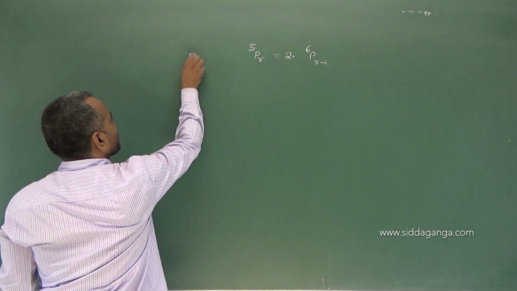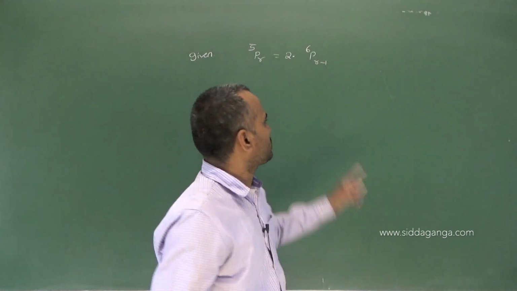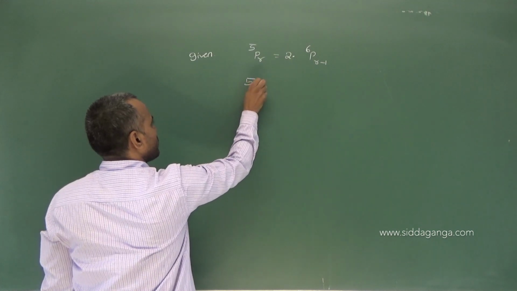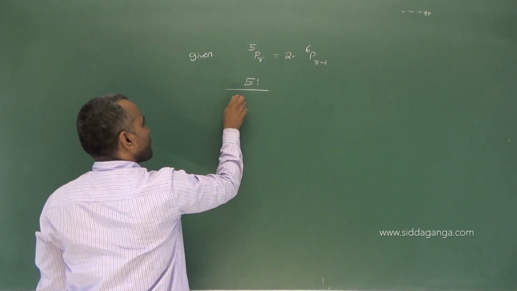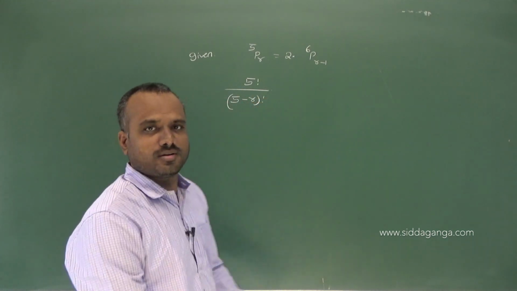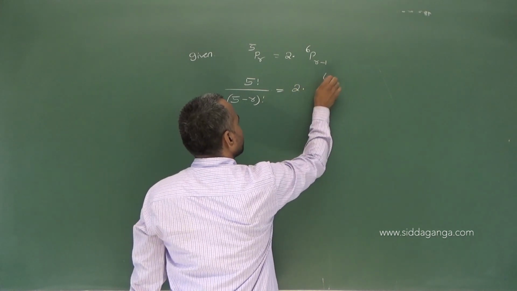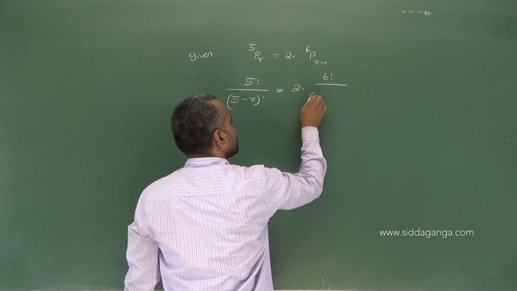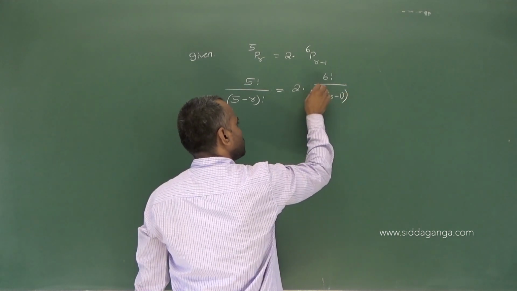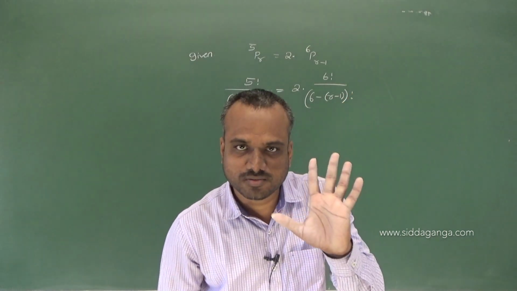Given 5Pr = 2 into 6P(r-1). Use the formula: 5 factorial divided by (5-r) factorial is equal to 2 into 6 factorial divided by (6-(r-1)) factorial. This is the first step. I applied the formula.